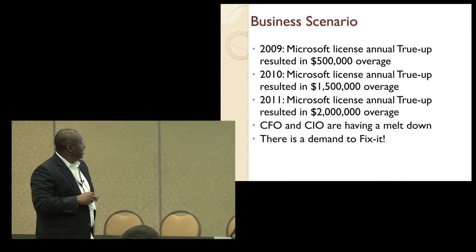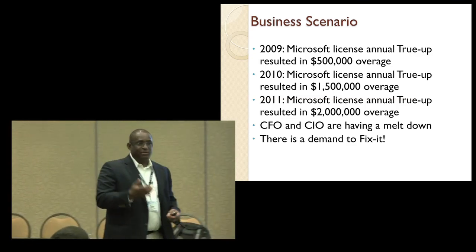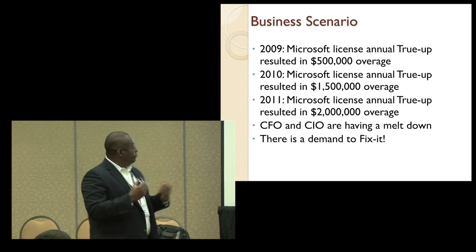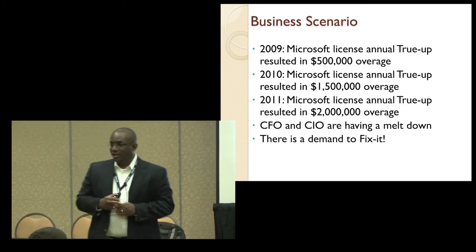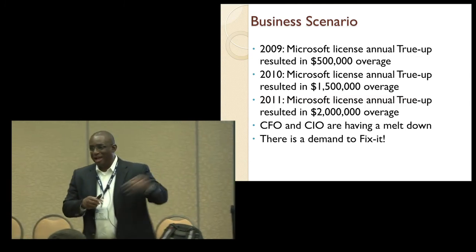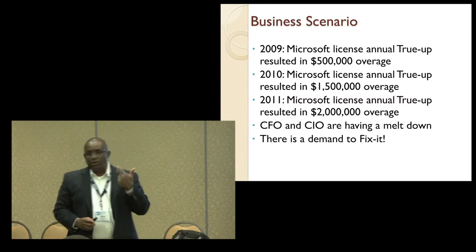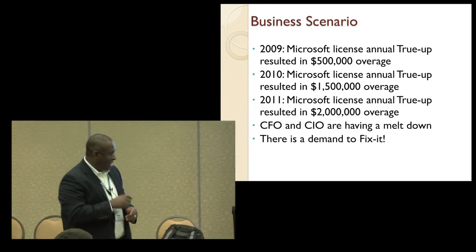In 2011, it's $2 million annually that they have to pay additionally in terms of what the licenses were really established for. So you could imagine what would happen in your organization, right? If you had that cost going in that direction, the CFO and the CIO would be on your butt, saying, go fix this, get this done right.